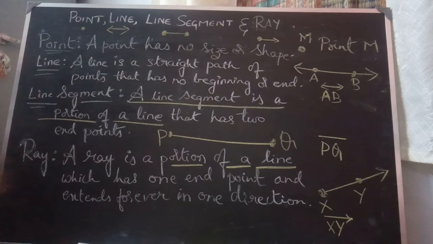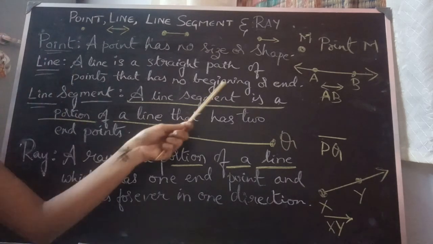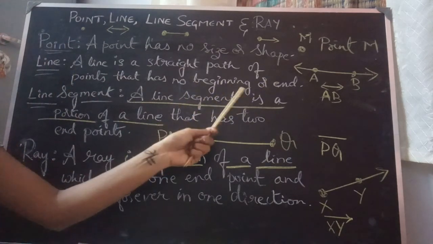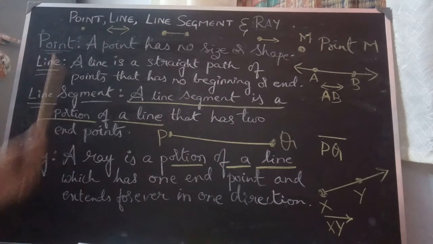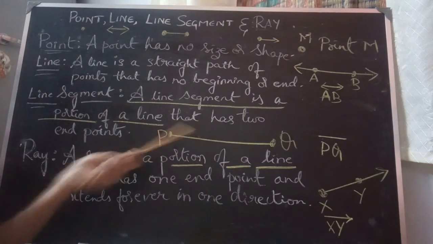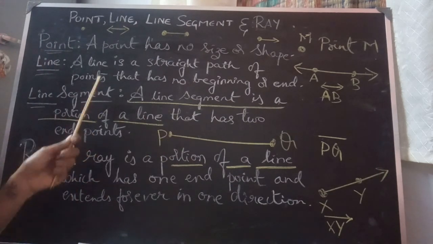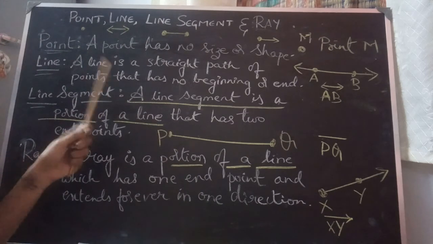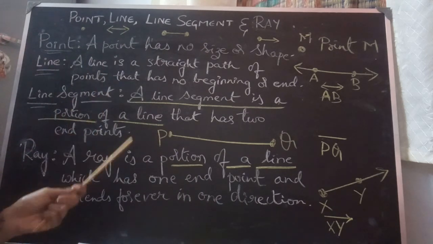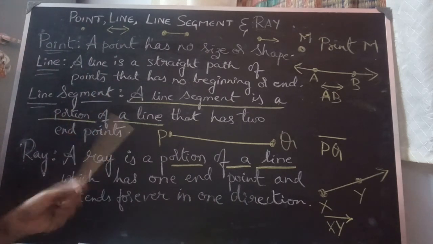That is what we have to remember for line. For a line you will not have any beginning or end, but for a line segment you'll have two ends.